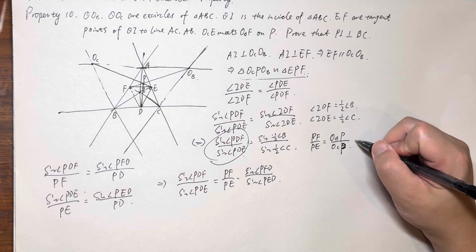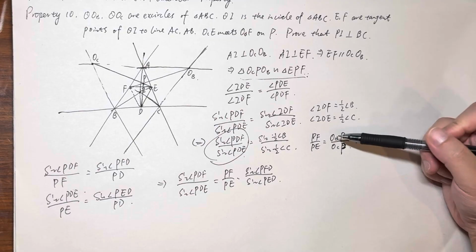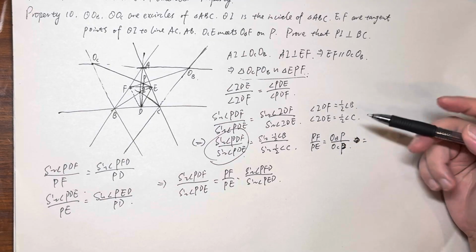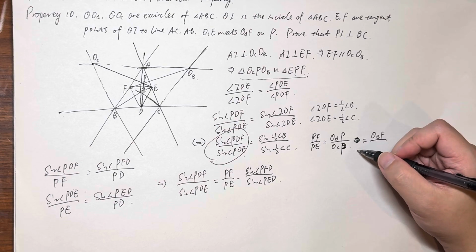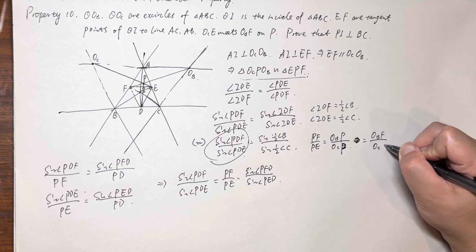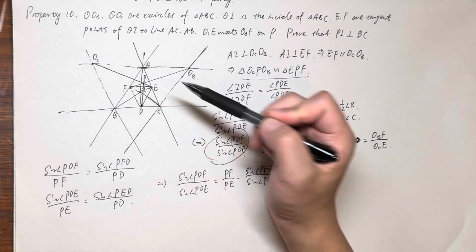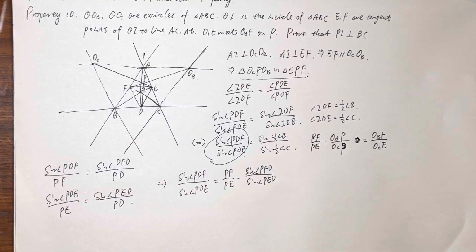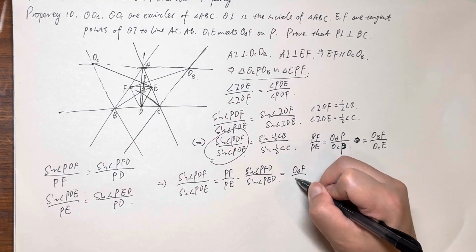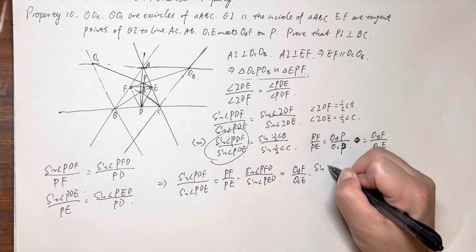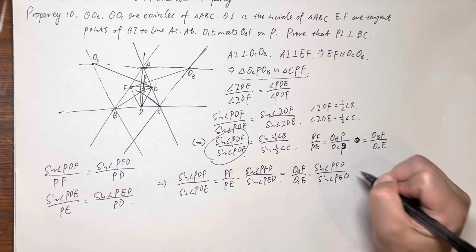Then we can get the conclusion that it also equals to, using PF plus O_BP, right? O_BF to O_CE, right? So this equation becomes O_BF to O_CE times sine angle PFD to sine angle PED.